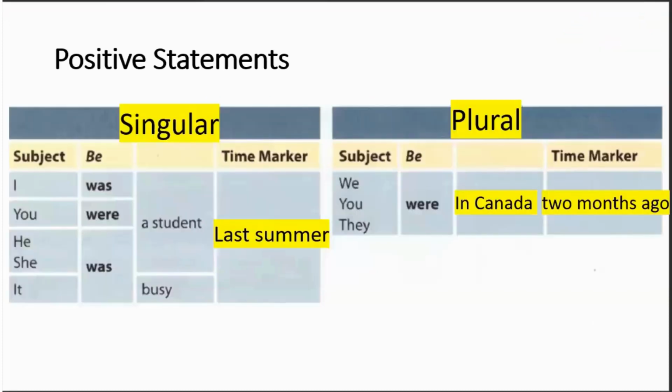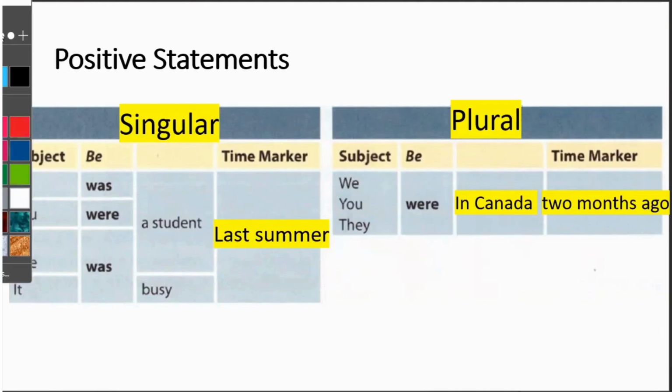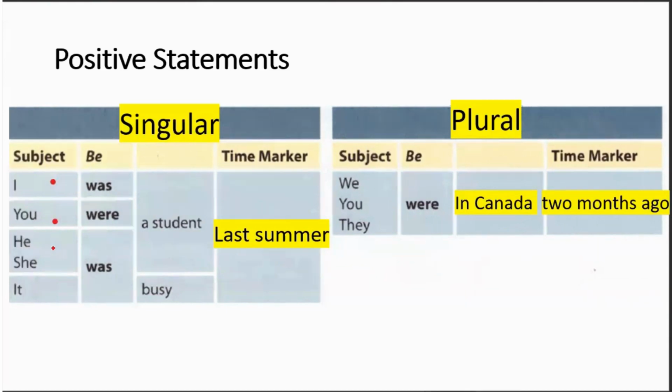Let's start with the formation of positive statements. So the formula is that first of all, we use a subject. As here you can see the subjects I, you, he, she, and it. First is the subject. We start a sentence with a subject and then we use past form of be.